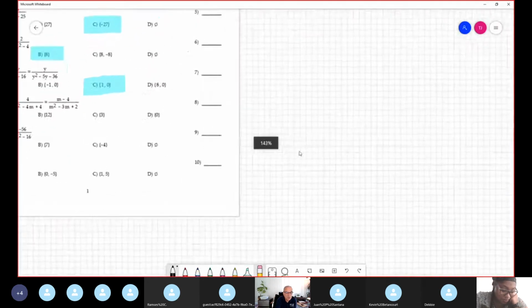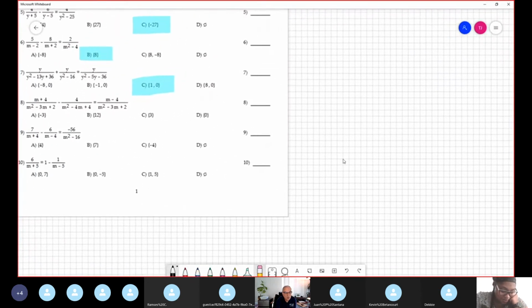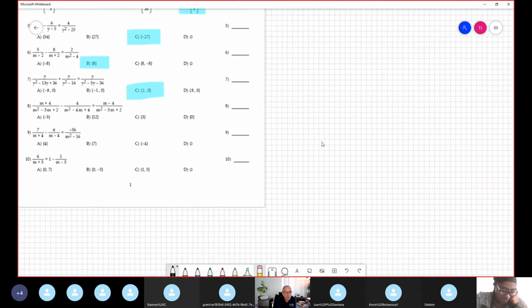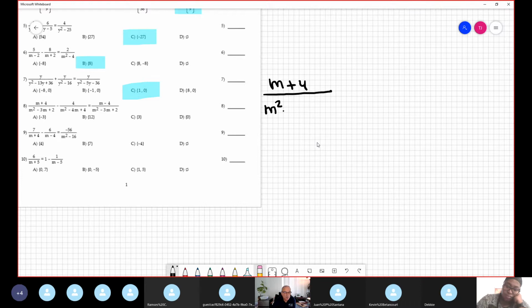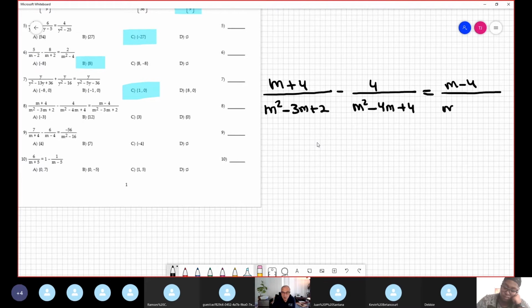I want to copy it. It is m plus 4 over m squared minus 3m plus 2, minus 4 over m squared minus 4m plus 4, equals m minus 4 over m squared minus 3m plus 2.